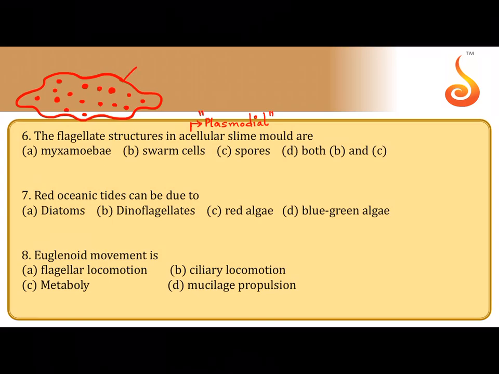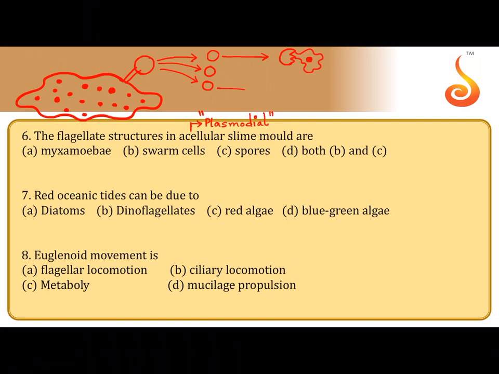Now during unfavorable conditions, they develop the sporangia like this, and the sporangia produce spores. See, the spores are coming out. Now some of the spores, when they germinate, produce these amoeboid cells.